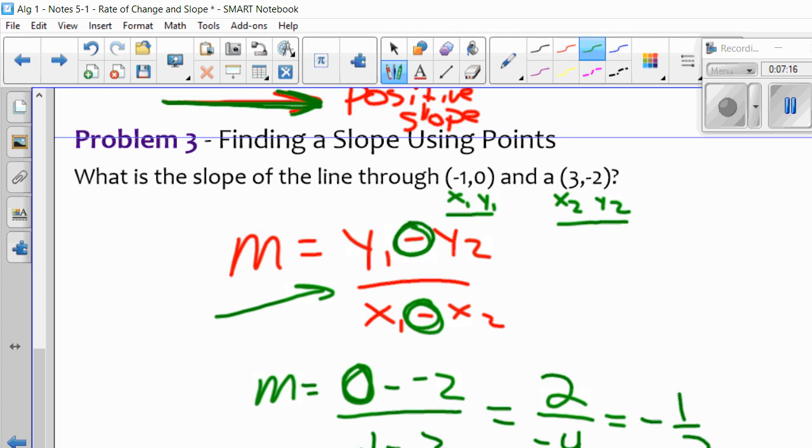So remember, you're going to change the signs here, make that a positive 2, and negative 1 minus 3 gives me a negative 4. And I always want to reduce these. These are fractions. They represent slope. It's rise over run. So I have negative 1 over 2. Okay, so rise over the run. It's going to tell me to go down 1 and over 2 from one point to the next.